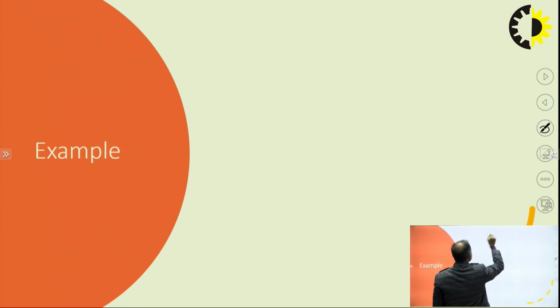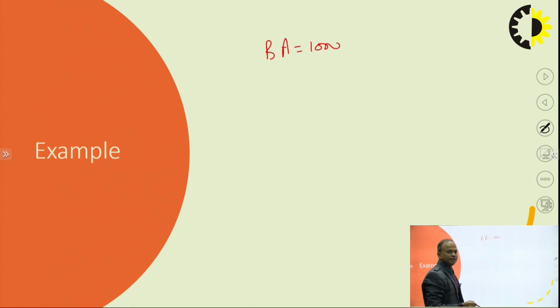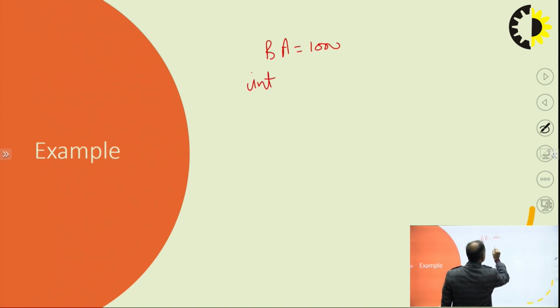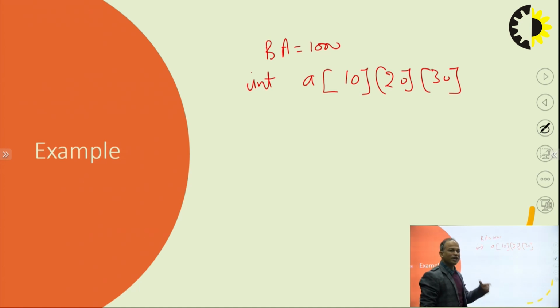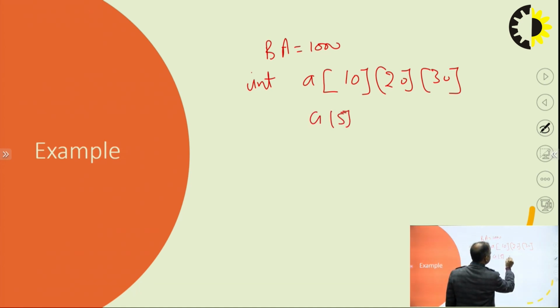Say base address is 1000 and the array is given: integer A[10][20][30], and you are finding out the address of A[5][6][4].